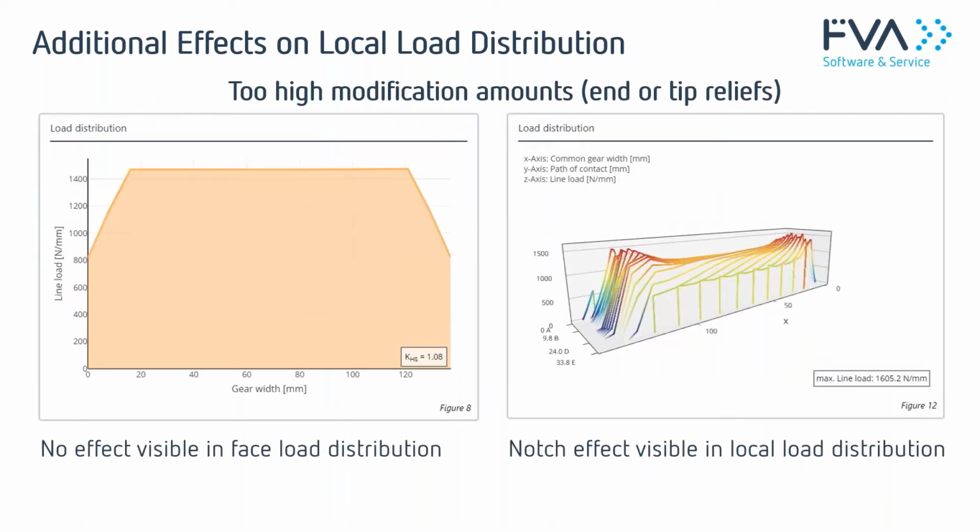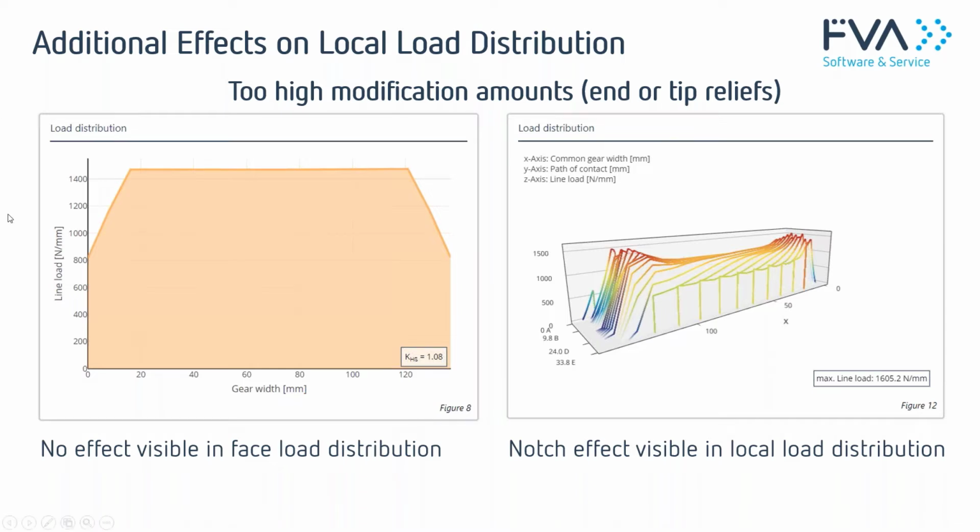So there are different effects which can occur when you do tooth modifications for your gear mesh. For example, if you apply end reliefs, the same will occur if you apply tip and root reliefs.